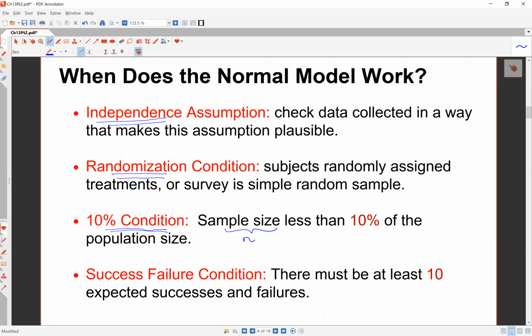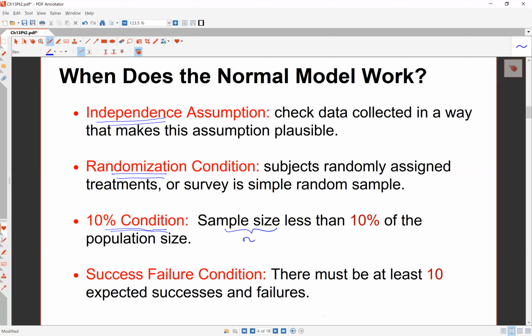If you're working with a really large population, like all people in the US or all people on the planet, you know, we're talking about hundreds of millions or maybe billions of people, then most of the time, if you are sampling 100 or 200 or even 1,000, you don't have to worry about the 10% condition. But there are instances, if you are working with a small population, then it's important to make sure that you're not sampling more than 10% of that population.